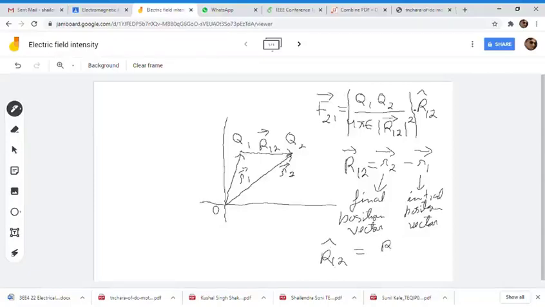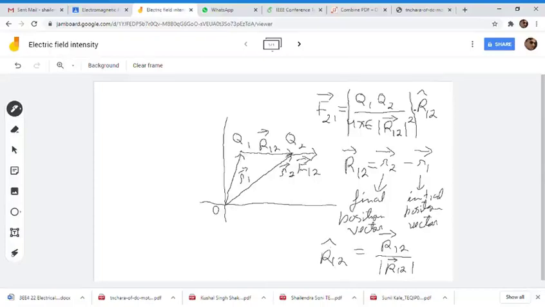It will be vector R12 divided by the mod of vector R12. This is an important concept, and we have done this in Coulomb's law.